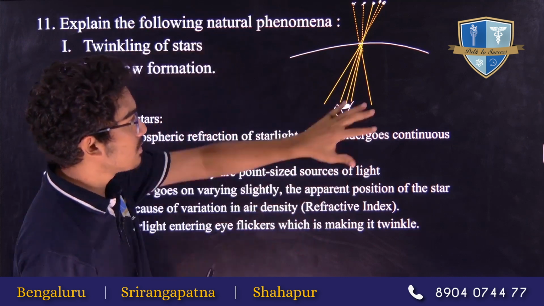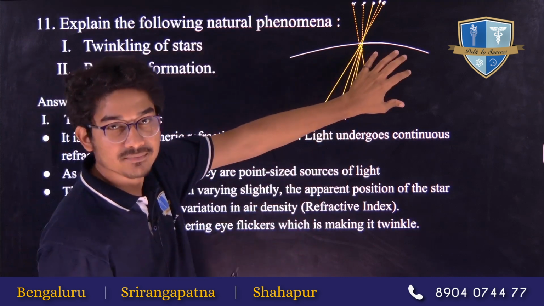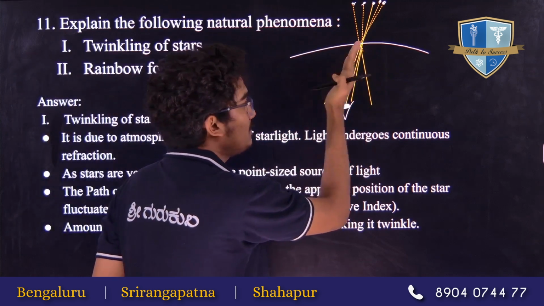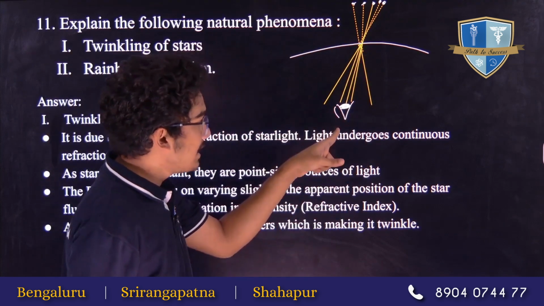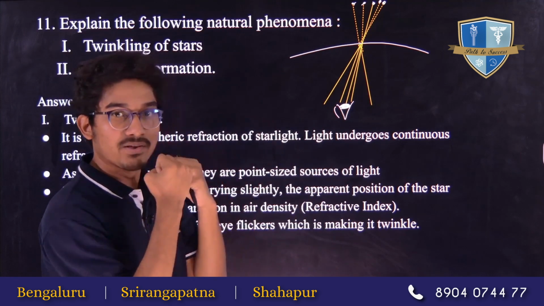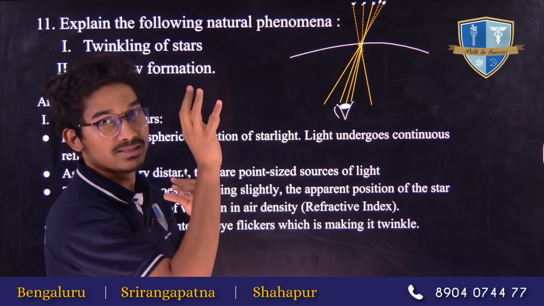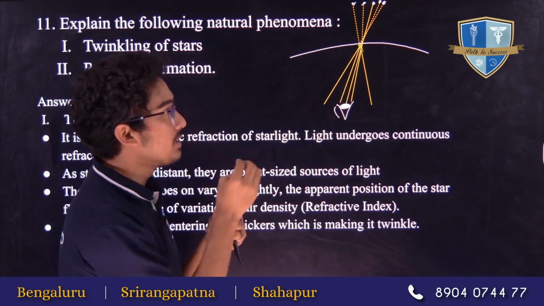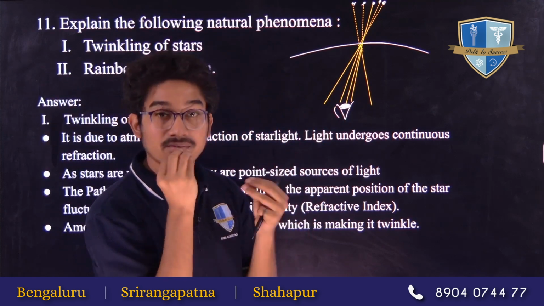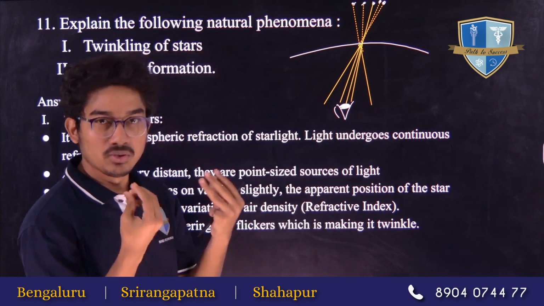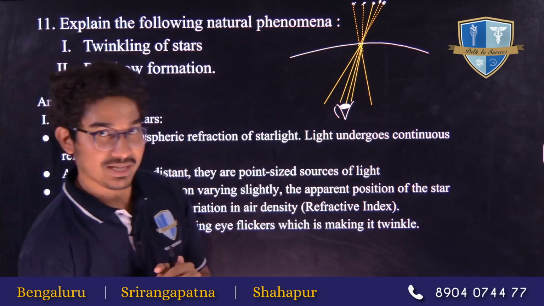Why? Because the density is still varying every time, so this path will always be under change, right? So when maximum light is entering our eyes, we will see the star as bright. When minimum light is entering our eye, we will see it as dim. Due to this bright and dim process, we see stars twinkling.